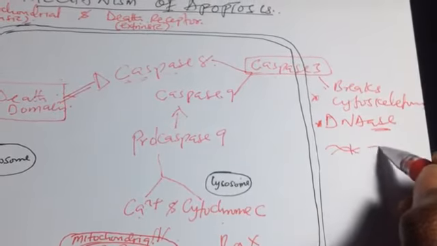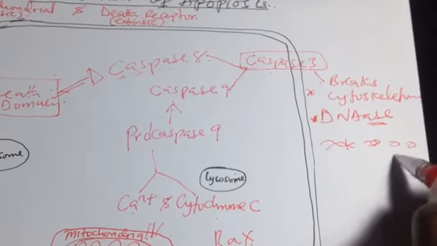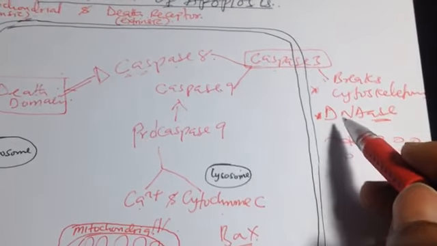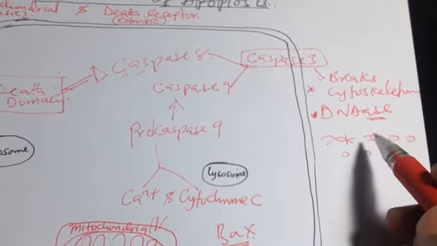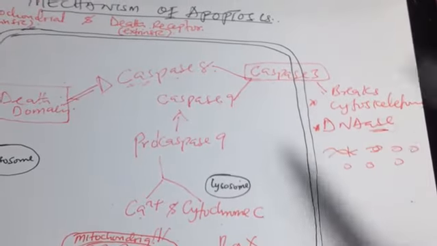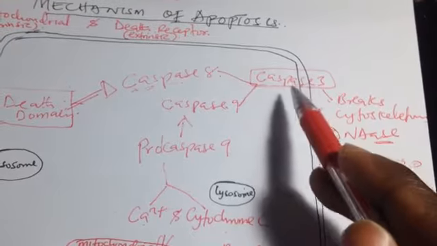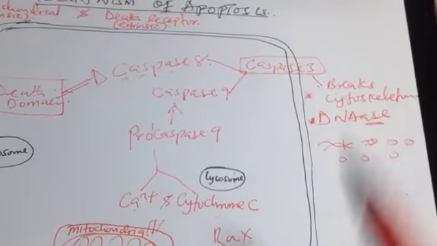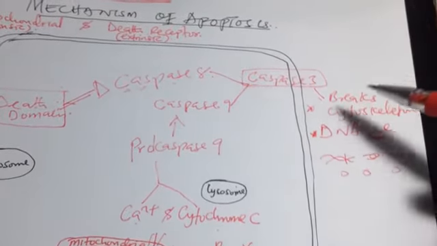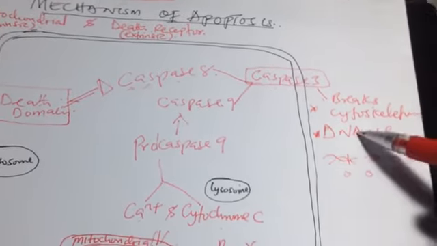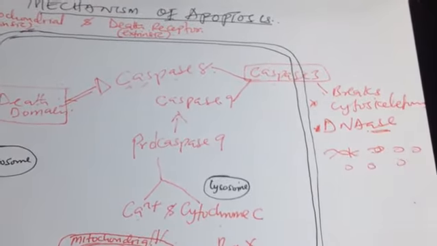It will cleave it into particles like this, right? So when the nucleus is fragmented like this, it is under the influence of this DNase. And what activates the DNase? It is this caspase 3. So caspase 3 is doing two functions: breaking down the cytoskeleton and activating DNase, which will go and cleave the DNA into pieces, right?